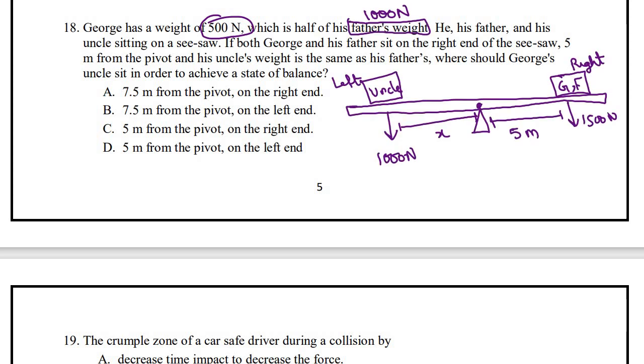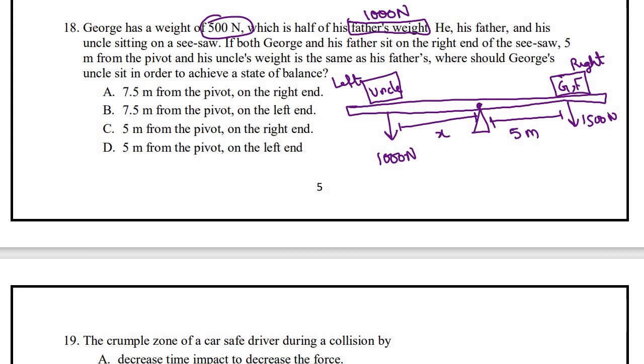So this is the diagram as I have drawn here. George and his father are on the right side. George's weight is 500 and his father weighs 1000 Newton. And they both are sitting on a seesaw 5 meter from the pivot. And his uncle is of the same weight as his father, which means the uncle's weight is 1000 Newton. And we have to find the distance from the pivot.